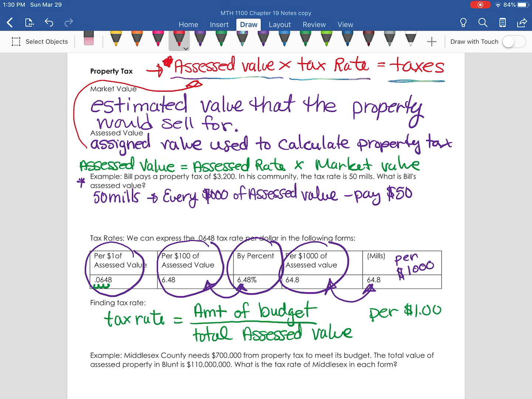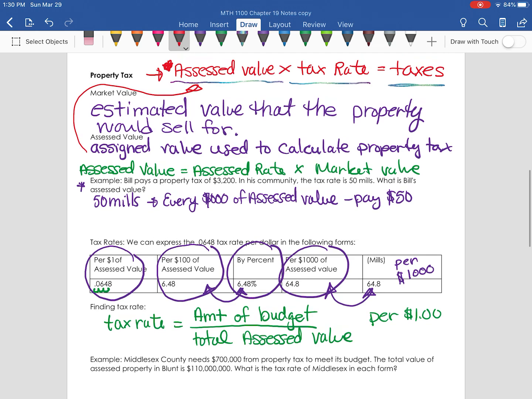So we have to work backwards. So what we're going to do is we're going to take the taxes and divide by the tax rate to find the assessed value if we want to work backwards to find the assessed value. So we take the taxes and divide by the tax rate, and that will give us the assessed value.